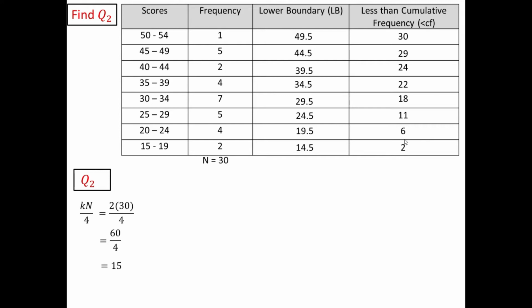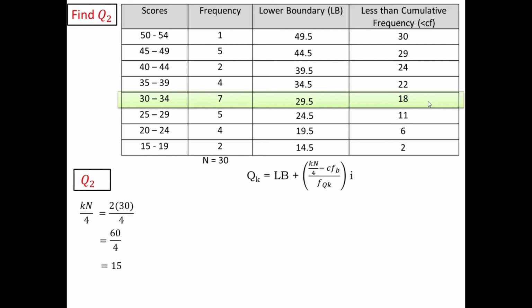Kasi less than 15. Si 11, hindi rin. Kasi less than 15 din siya. Tama. So, si 18, pasok. Ito yung pinakamalapit na greater than or equal kay 15. Ibig sabihin, our second quartile class is this. Ito yung second quartile class. So, na-identify na natin yung ating second quartile class.